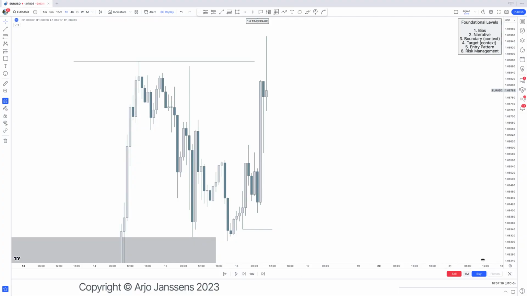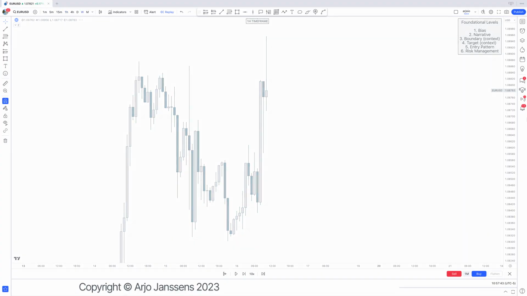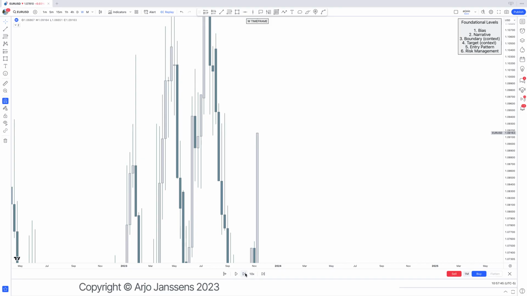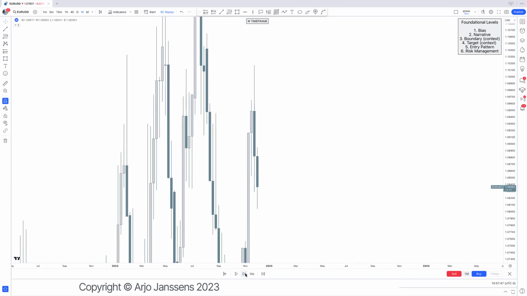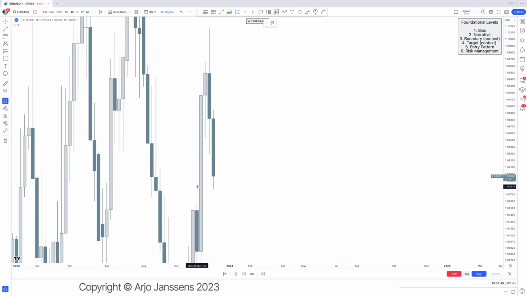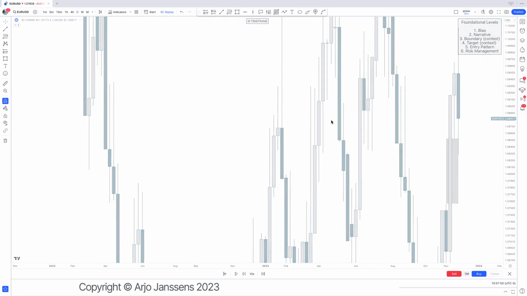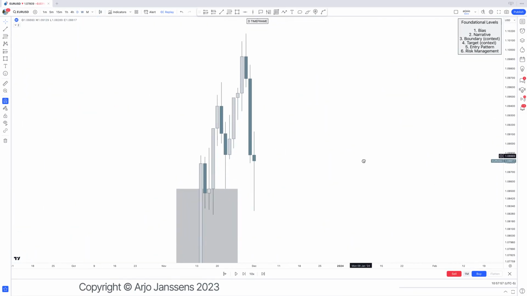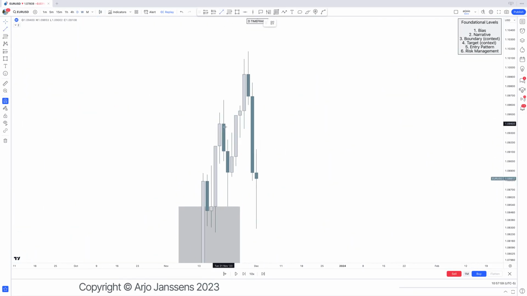So let's go over a few more examples as well, where again, I think you already guessed it, we have the next example here on Euro US dollar, where we were looking at this weekly fair value gap being traded into right there. So of course, you already guessed it, on the daily, what did we do? On the daily time frame, we created this unusual context right there.